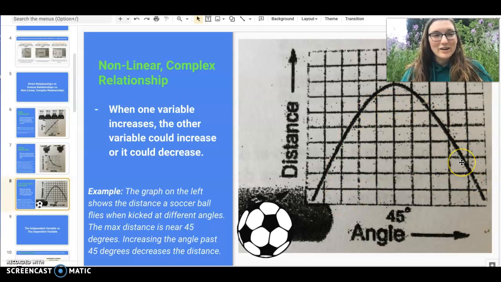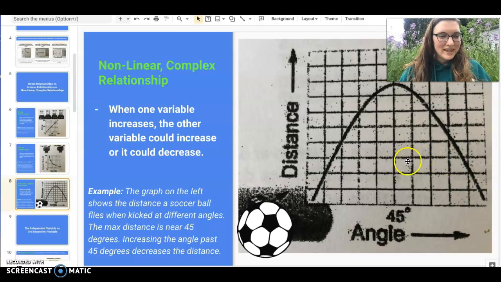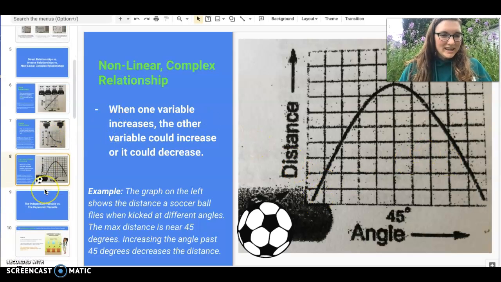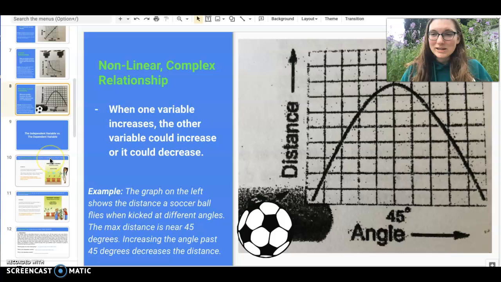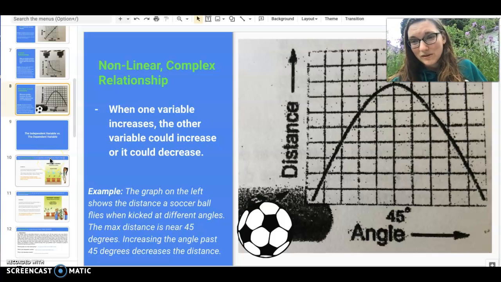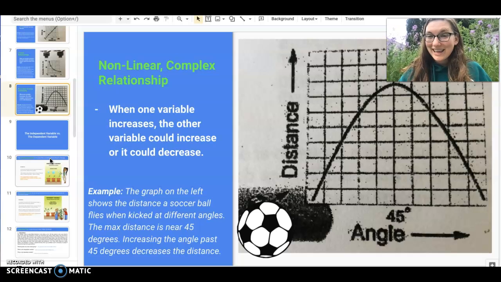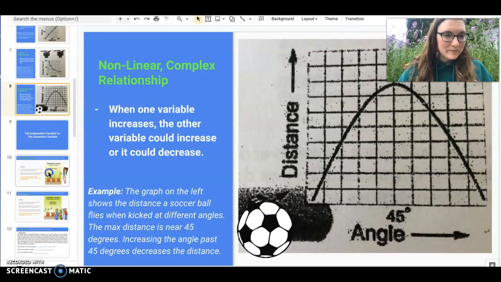It does something interesting called a parabola. For example, this is one kind of complex relationship. In MSA, you should be thinking about what are some real-life examples of parabolas? What are some things that parabolas are useful for in real life? What did we study about that?